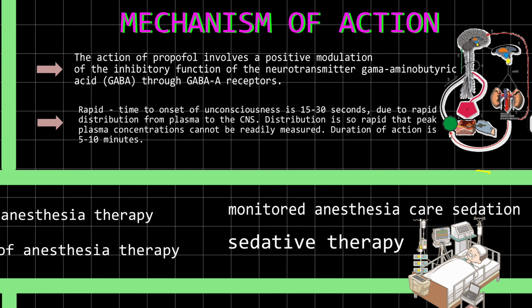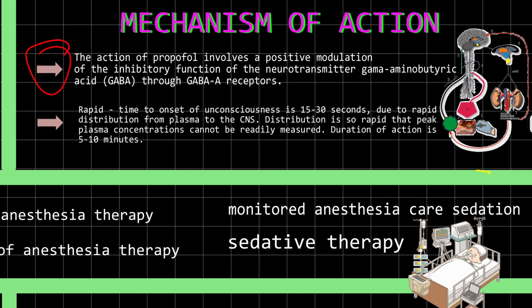Now let's discuss further. In terms of mechanism of action, the action of Propofol involves a positive modulation of the inhibitory function of the neurotransmitter gamma aminobutyric acid, or what we call GABA, through GABA A receptors. So if you remember how a neurotransmitter and neuroreceptor works, this is how your propofol functions.